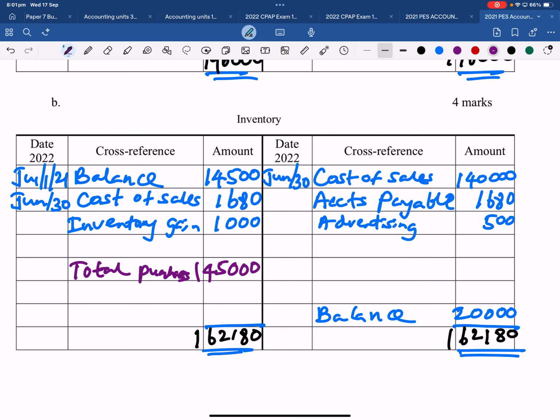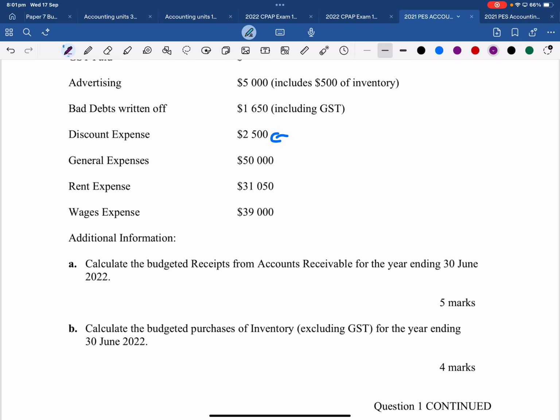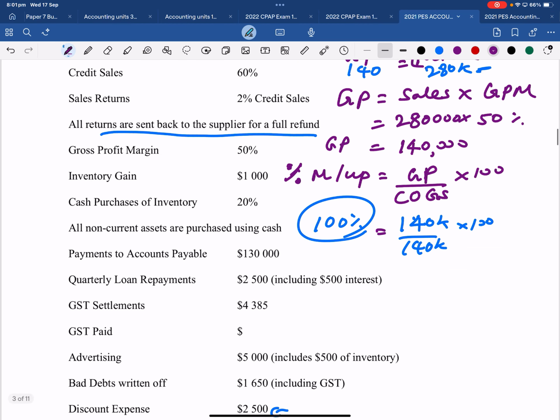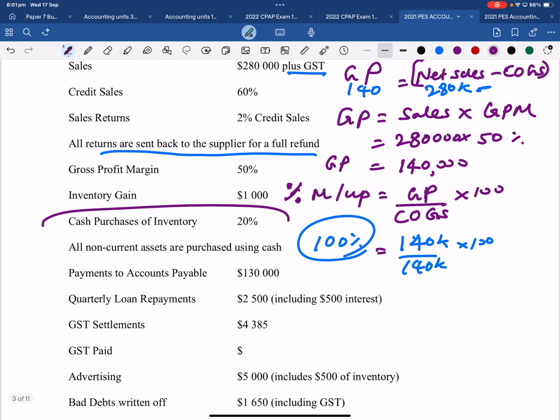But remember, there was an adjustment for that. Anybody remembers? There was a percentage relating to this one. Remember? No? 20% is what? Yes. See, cash purchase is 20%.